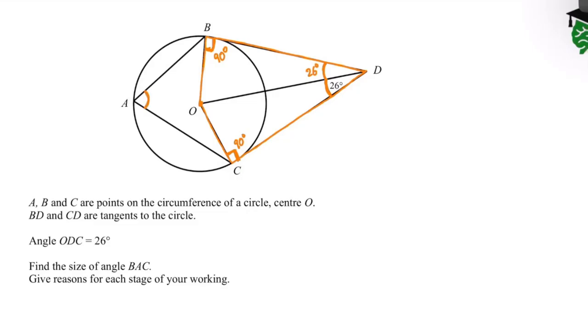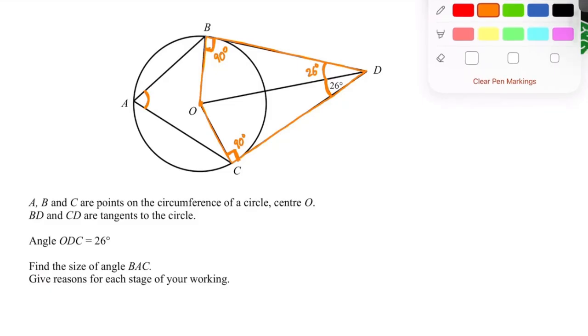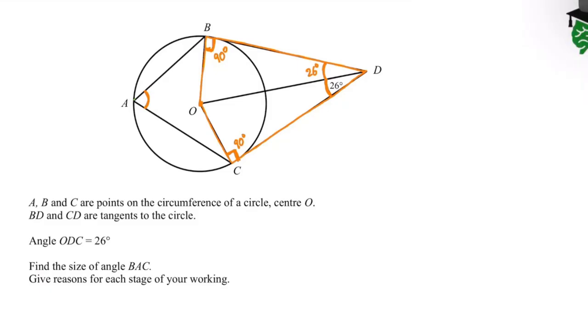We need to work out the size of angle BAC, which is this one over here. Now we can see that another rule is emerging over here. We can see that we have this shape over here.